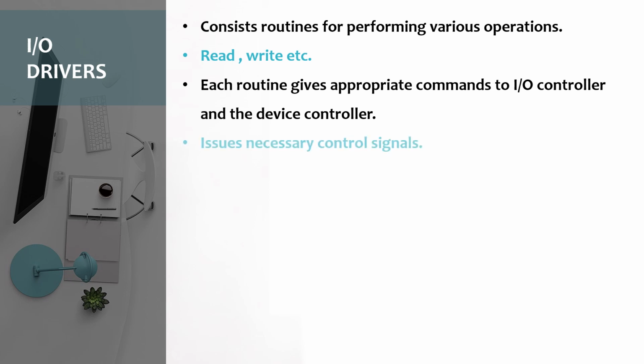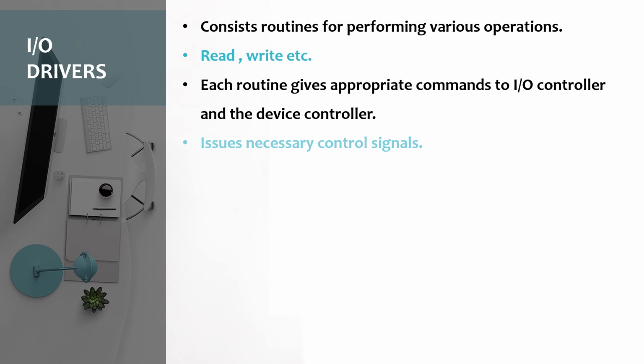Then the other job of the IO driver is to issue necessary control signals. Why control signals? Suppose this is an example: you are trying to copy data from your hard disk to the pen drive, but your pen drive is full.